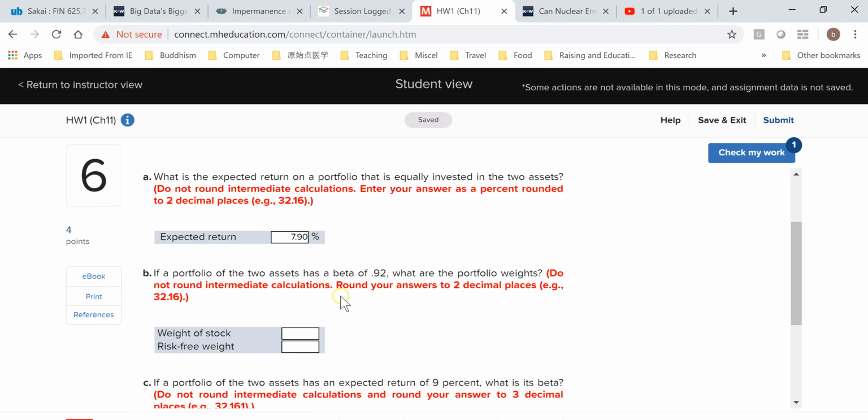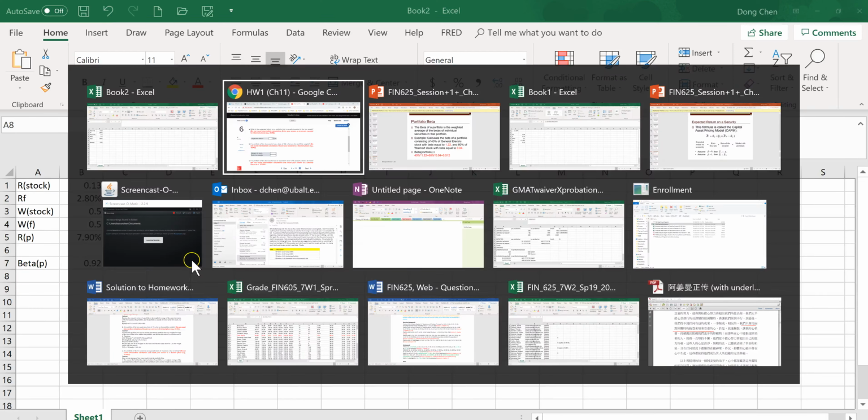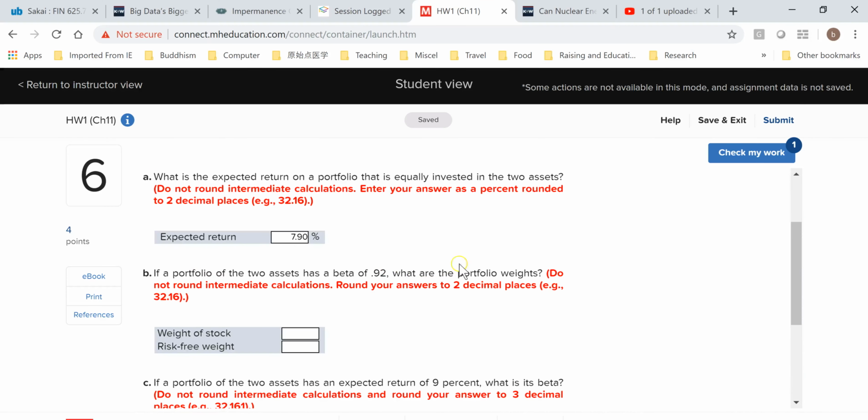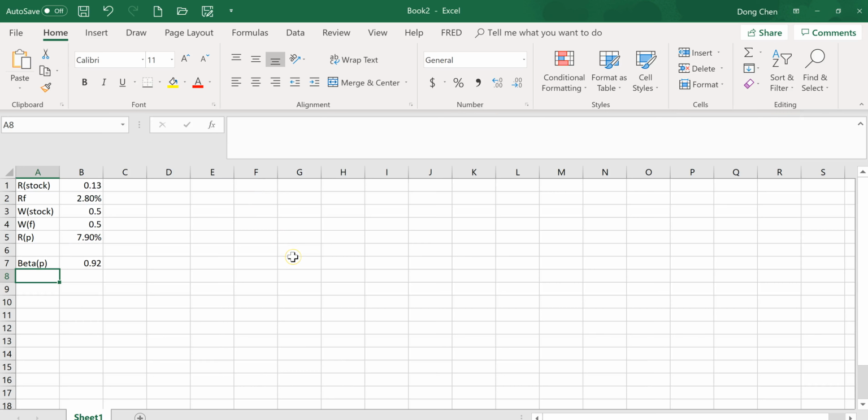Now the portfolio beta is 0.92. So let me go back here. Beta P is 0.92. The beta for the first asset within that portfolio is the beta of the stock, which is 1.15.